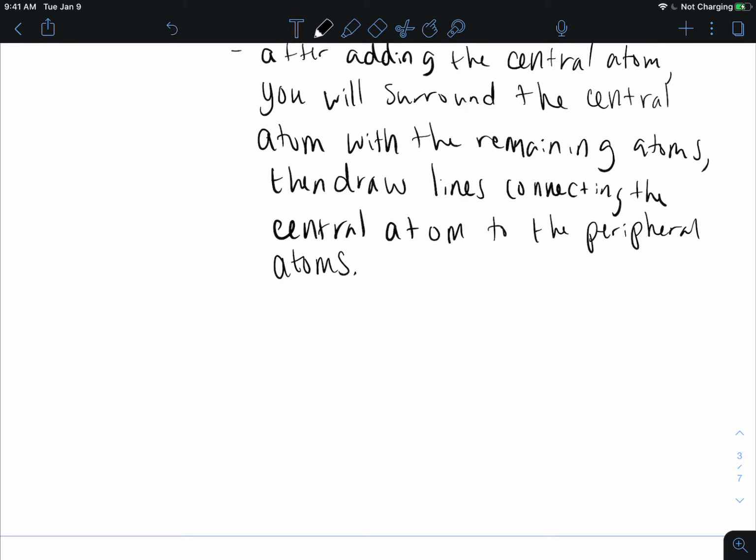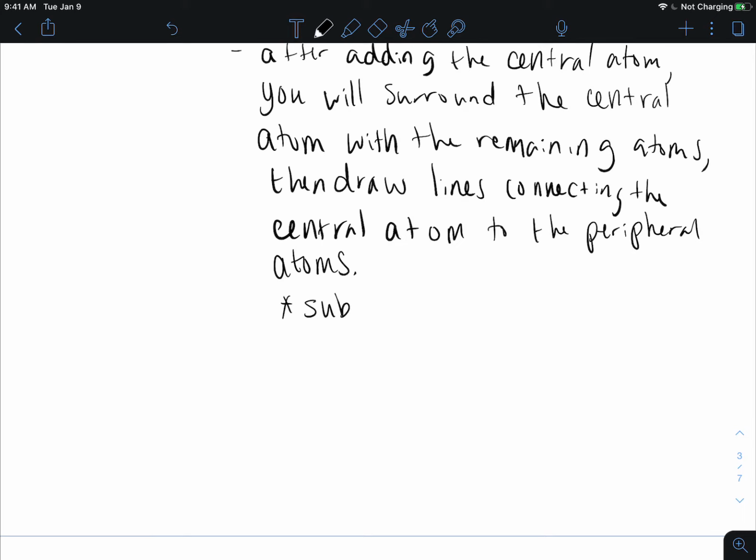Now, we have this pool of electrons, and now we've written lines. Those lines are electrons, so we need to subtract the electrons from our bonds from our pool of electrons.